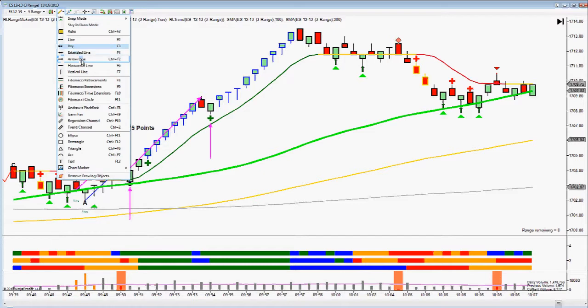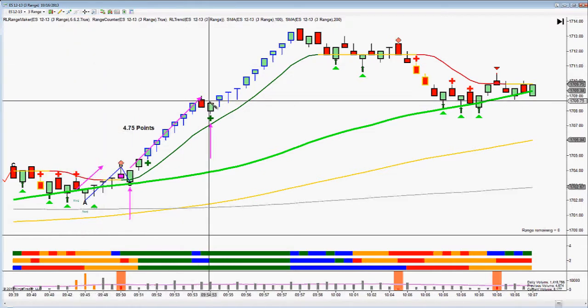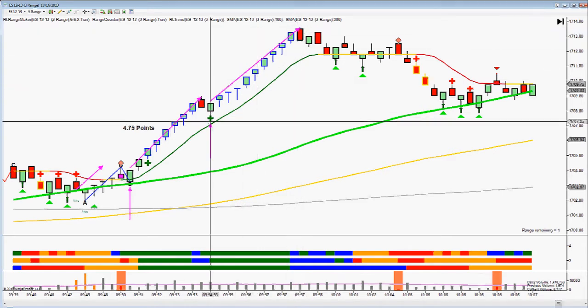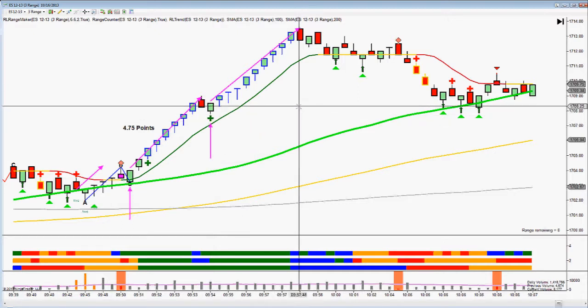The signal will put you right back in the trade, take you up here. The close of the candle is 1708.50. You'd be in at 1708.75. The high is 1712.75.